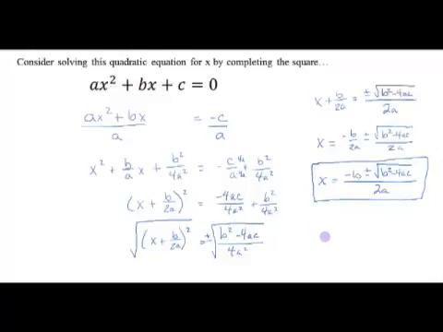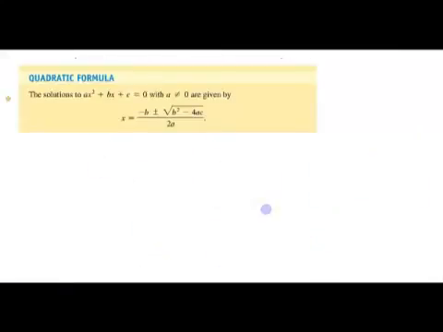More formally stated here, the quadratic formula: solutions to ax squared plus bx plus c equals 0, with a not equal to 0, are given by the quadratic formula x equals negative b plus or minus the square root of b squared minus 4ac all over 2 times a.